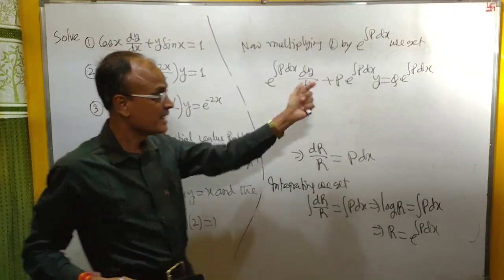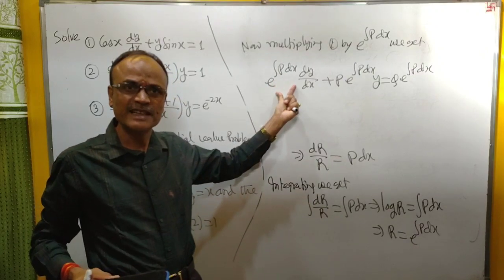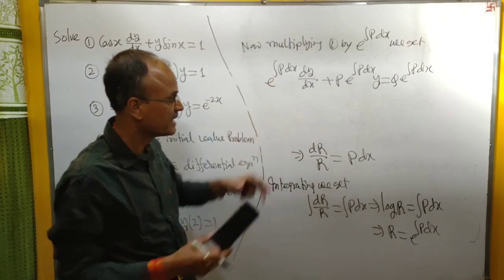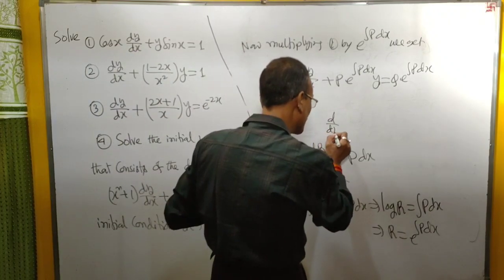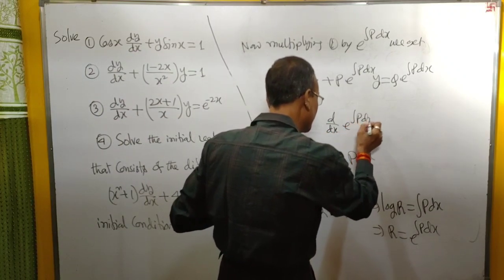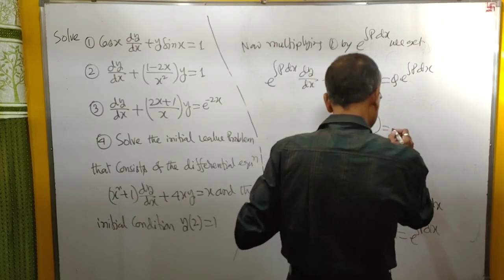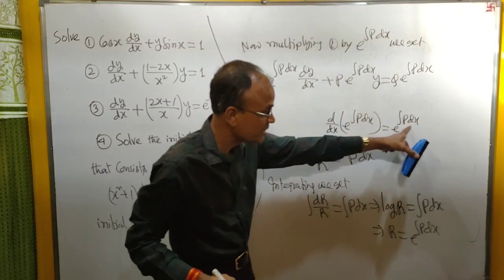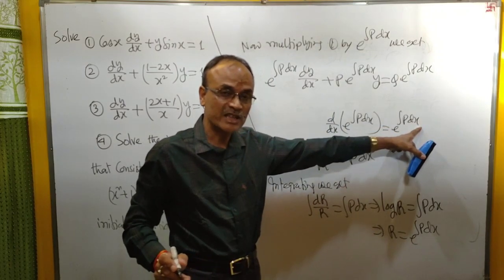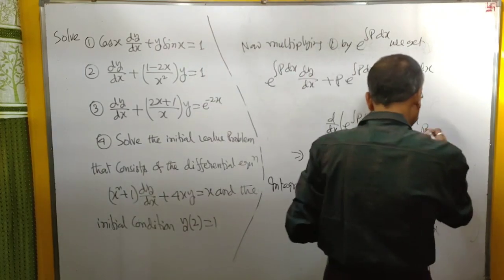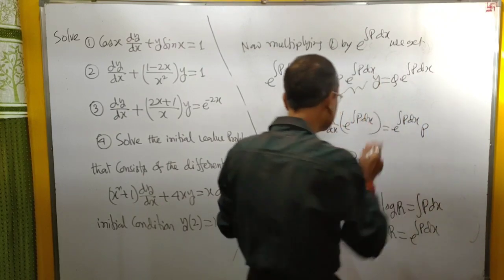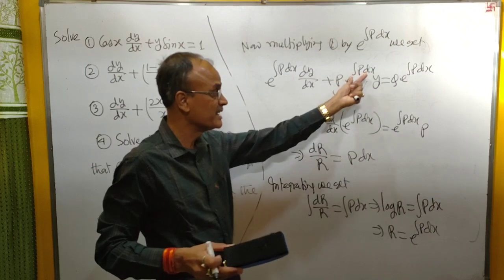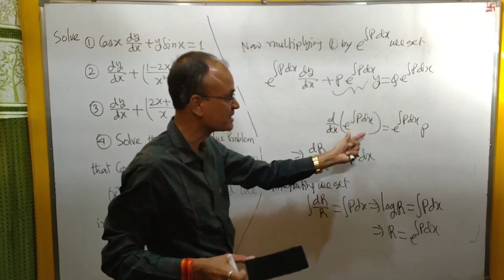Now see, if you differentiate e to the power integral p dx, you will get d/dx of e to the power integral p dx. Differentiating the integral of p dx with respect to x gives p. So p times e to the power integral p dx is nothing but d/dx of this.